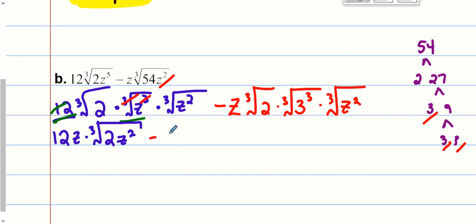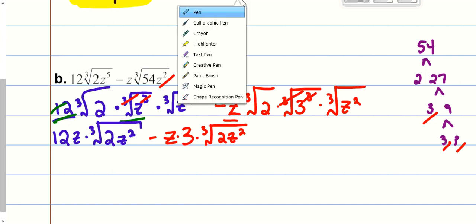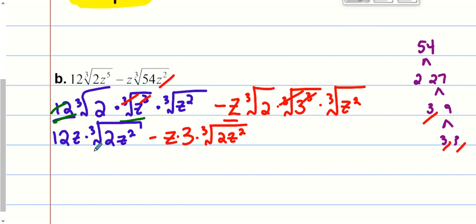Minus, I've got a z out front, right there. I've got a cube root of 3 cubed, so the cube root and the cube cancel and leave me with a 3. It is written backwards right now. We will fix it in a minute. And then here I have the cube root of 2 times the cube root of z squared, which is going to give me the cube root of 2z squared. So now, if you look, you have the cube root of 2z squared and the cube root of 2z squared.